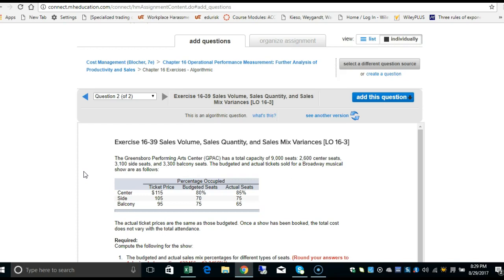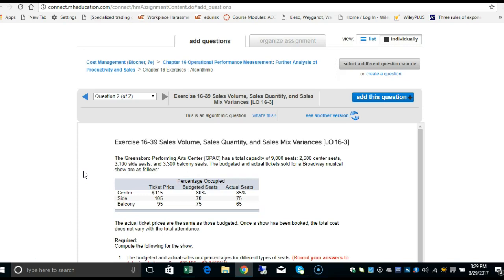For the budget, we budgeted 80% of the seat capacity for center, so it would be 80% of 2,600. For the side, we budgeted 70% capacity of the 3,100 seats. And the balcony has a capacity of 3,300 seats, and we budgeted 75% of that.